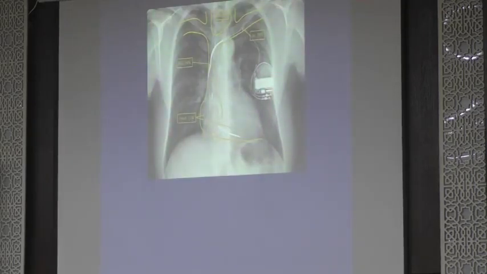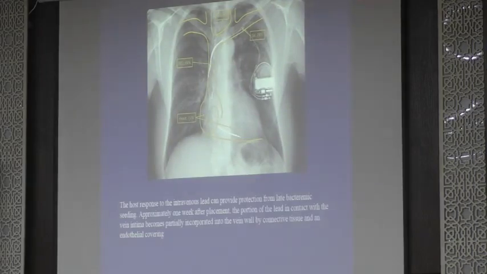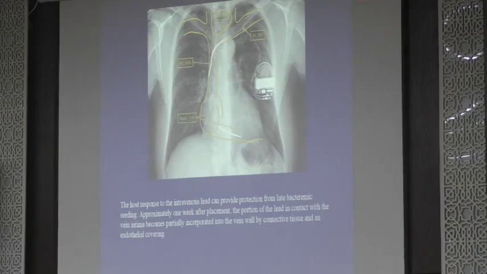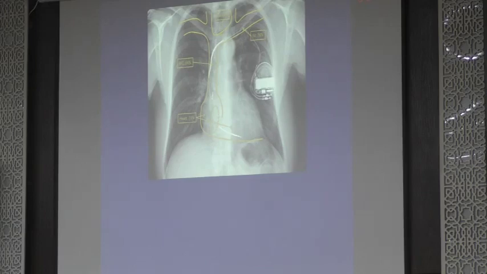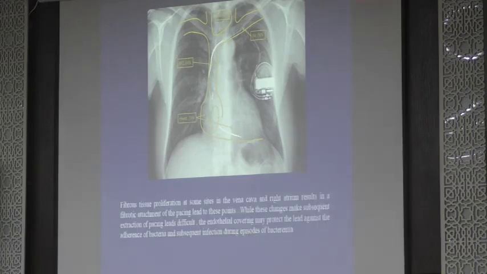Once your lead is intravascular, after 1 week the endothelial lining begins to envelop the whole intravascular part of the lead. This has a benefit: it prevents later bacterial seeding of your device, but becomes a headache afterwards if you want to extract the lead, because it also invites fibrosis. We can see here that the most common sites for fibrosis are the superior vena cava, innominate vein, and the intracardiac portion.